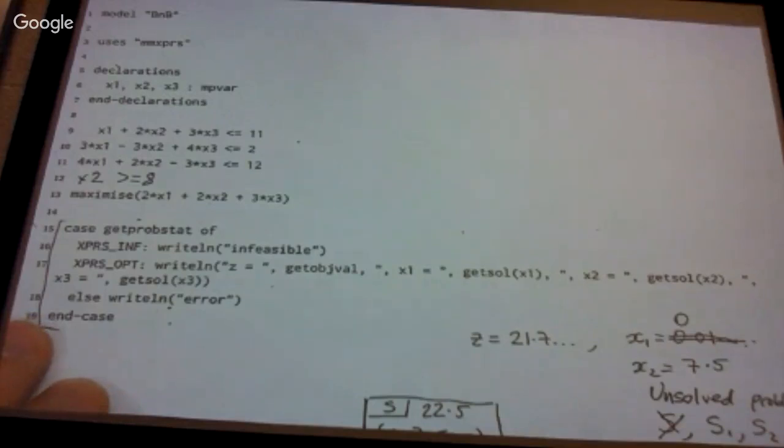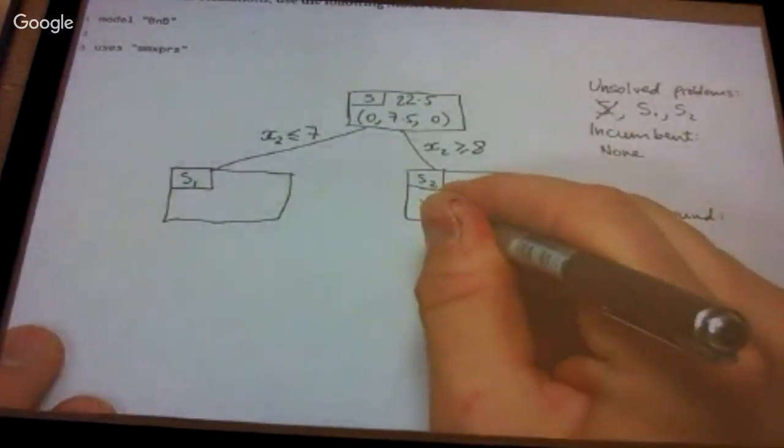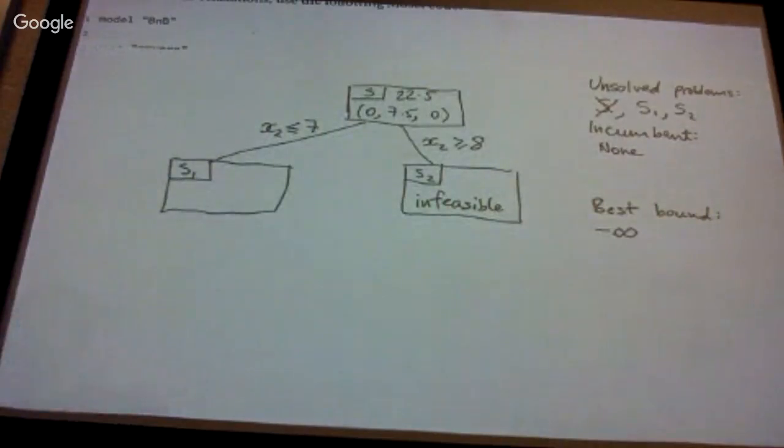And you run this code again. And what it tells you is that this is infeasible. This is somehow strange.